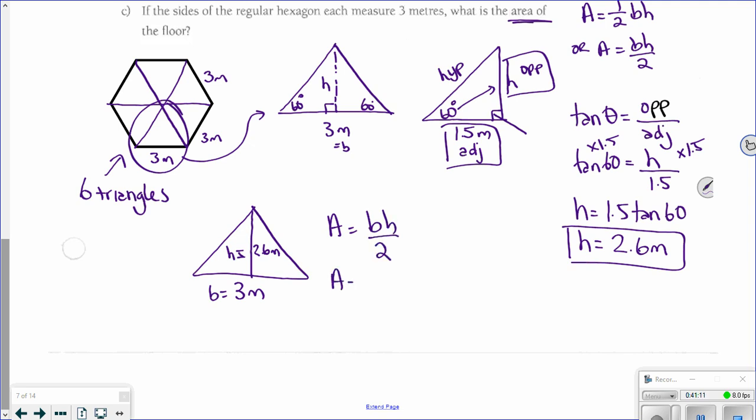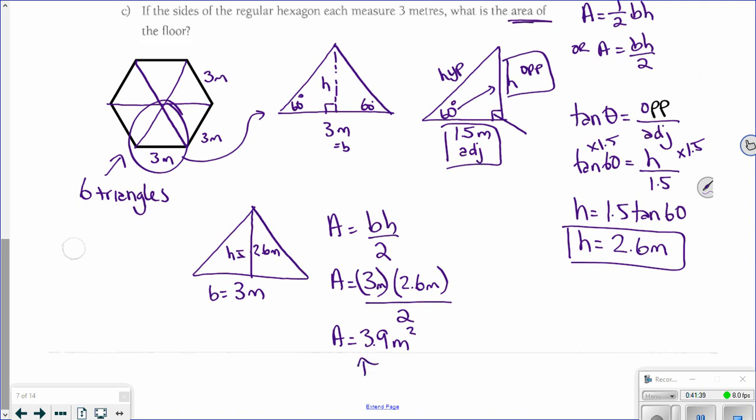So my area equals my base, which is 3 meters, times my height, which is 2.6 meters, divided by 2. So 3 times 2.6 divided by 2 is going to be approximately 3.9. And I had meters times meters in my question, which means I now have meters squared in my units.